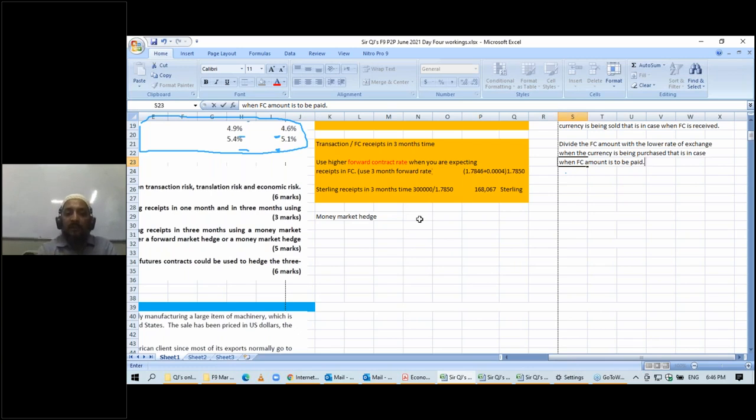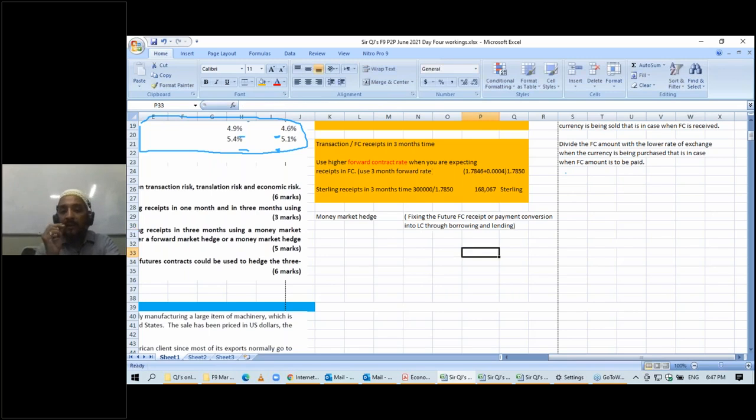Money market hedge means fixing the future foreign currency receipt or payment conversion into local currency through borrowing and lending, investing or lending. So for investing, I'm using the word lending.